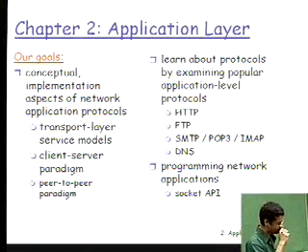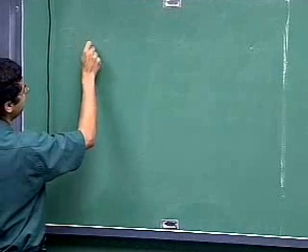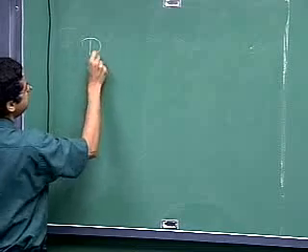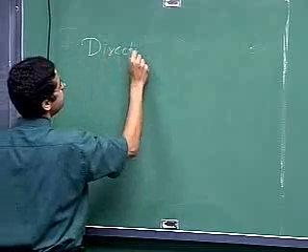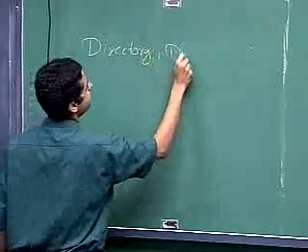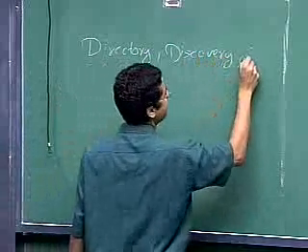The book really doesn't focus too much on that, but that thing you have to encounter and you have to design if you're trying to create any sort of either network or a network application. And what is that? Well, those are three things that go together: directory, discovery, and naming.